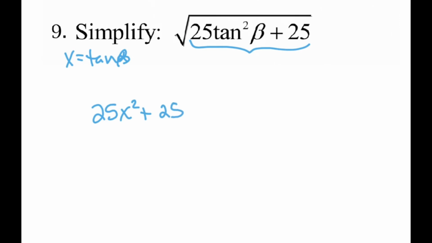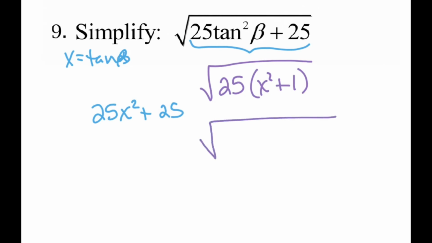Did you think of a GCF? Taking out a greatest common factor, so we could have this. And so it's still under the radical. And so what I've got now is I've got 25, and then instead of x squared, I've got tangent squared beta plus 1.